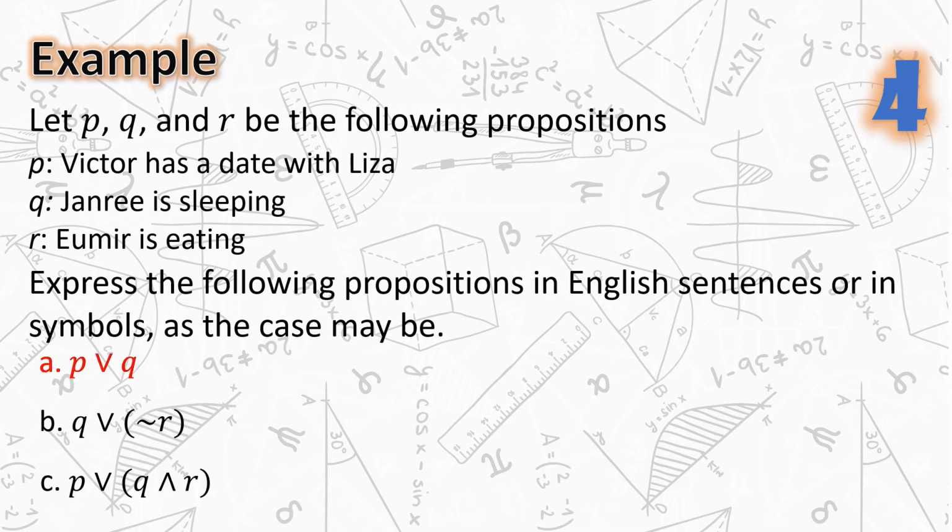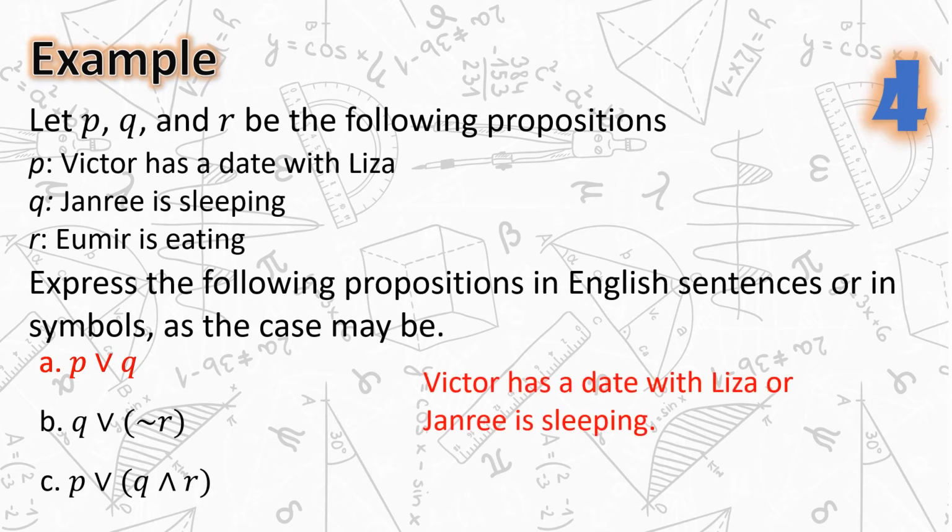So let's have letter A. That is the disjunction of the propositions P and Q. Therefore, we have P, that is Victor has a date with Lisa, or January is sleeping.